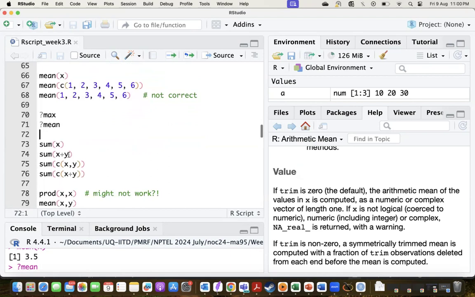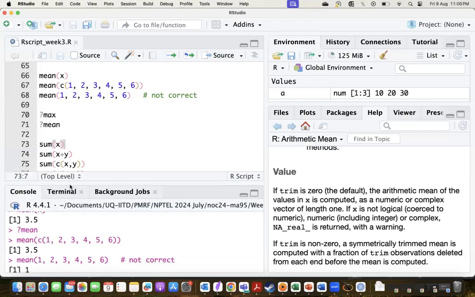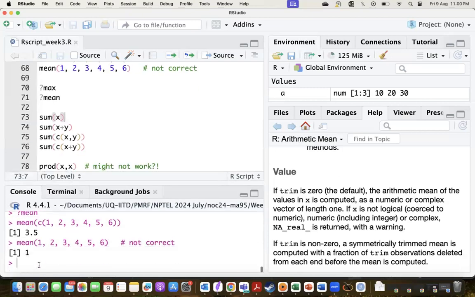All right. Now again, I have these few statements here. What do you think this would be doing? So x, if you remember, x is a vector. X is this 1, 2, 3, 4, 5, 6.